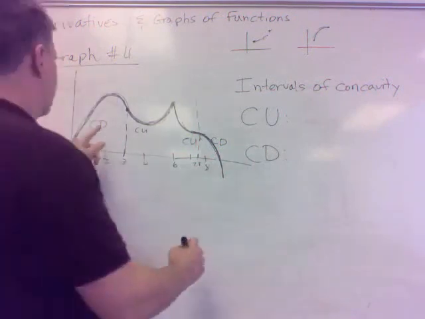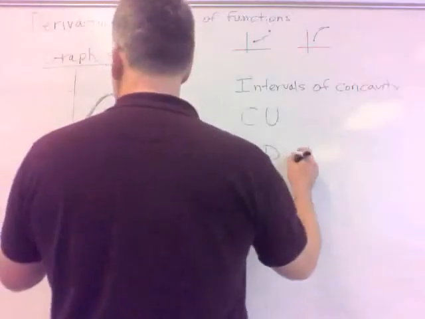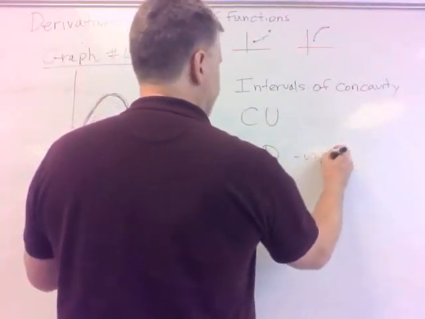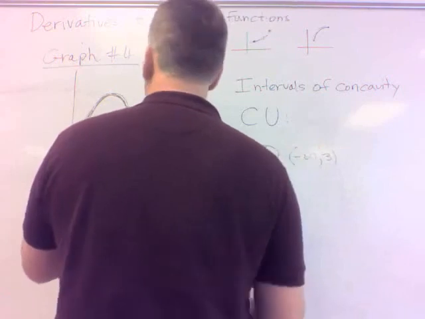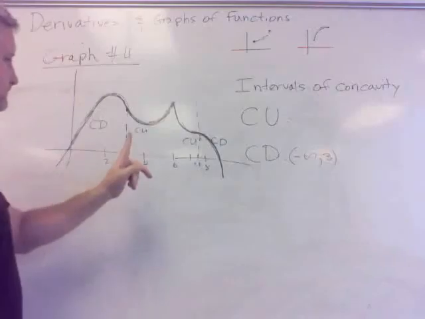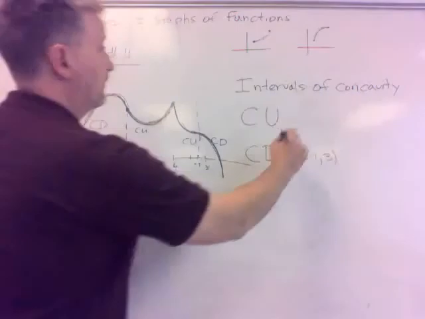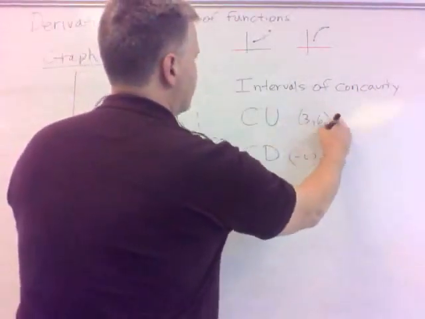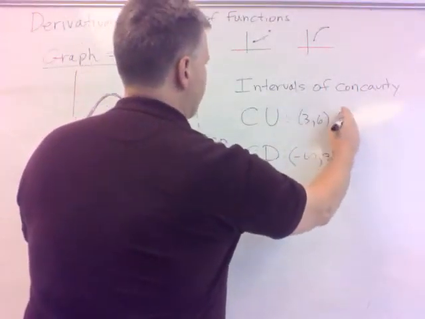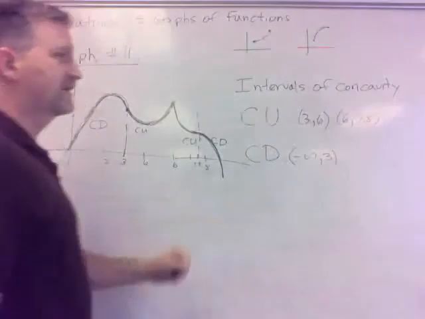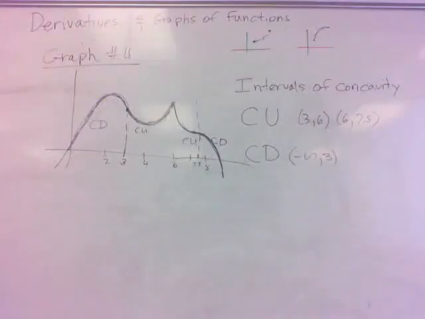So concave down, so I would say that's negative infinity to 3. It's one part of concave down. Concave up from 3. Now, here's a good point. I do need to break it up at 6, because guess what? Like I said, the second derivative is going to tell you a lot about the concavity.